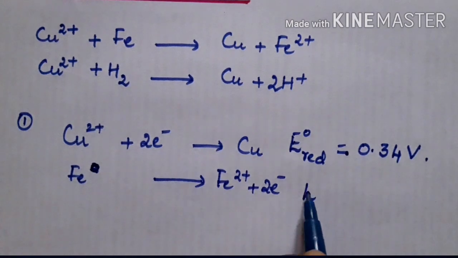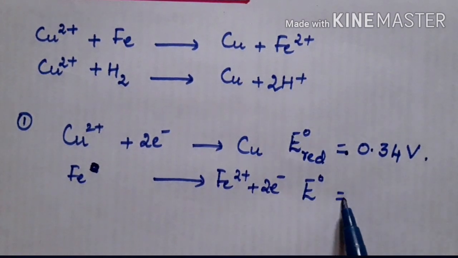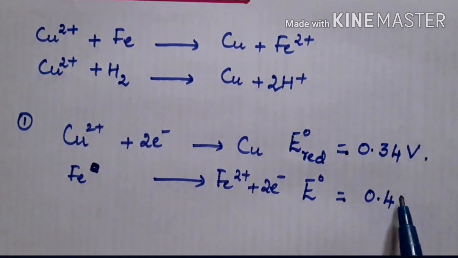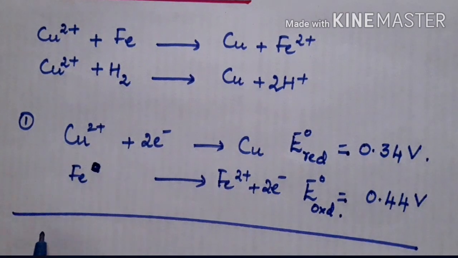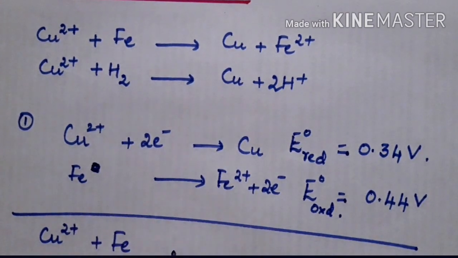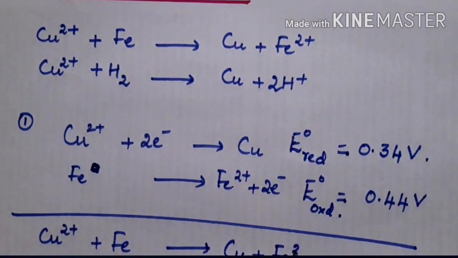The E0 value will be 0.44 volt, that is E0 oxidation. So the total reaction will be Cu2+ plus Fe giving Cu plus Fe2+.